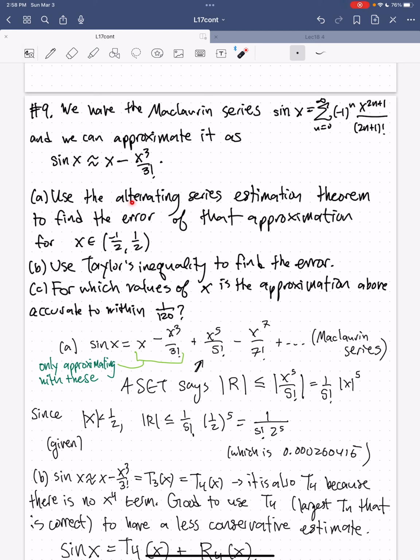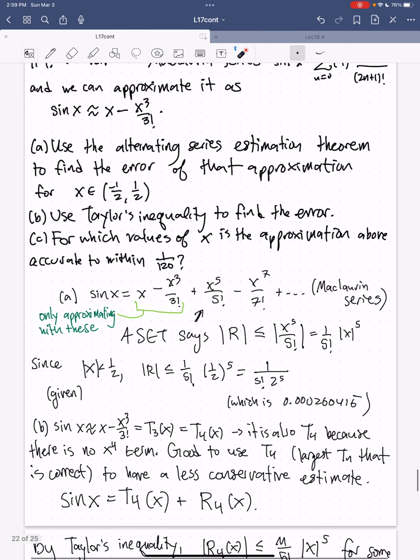First, we're going to use the alternating series estimation theorem to find the error of that approximation for x within the interval -1/2 to 1/2. Then we'll use Taylor's inequality to find the same error for the same interval. And then we're going to see what values of x the approximation is accurate to within 1 over 120.